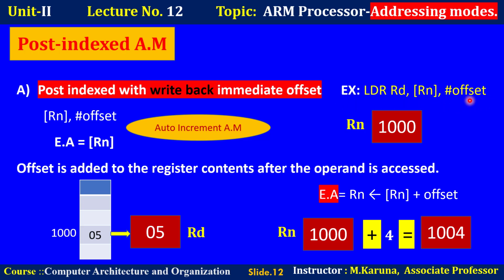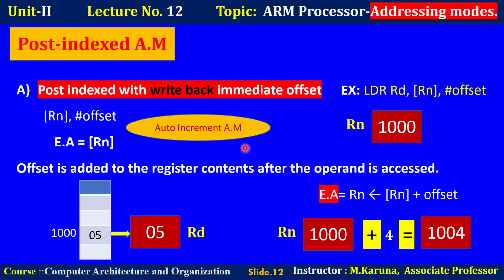This is the instruction we use in post indexed mode. Whatever address is placed in Rn, say 1000, the data present at memory location 1000 will be transferred to the destination register RD, and then the effective address will be calculated by adding the offset to the content of Rn.